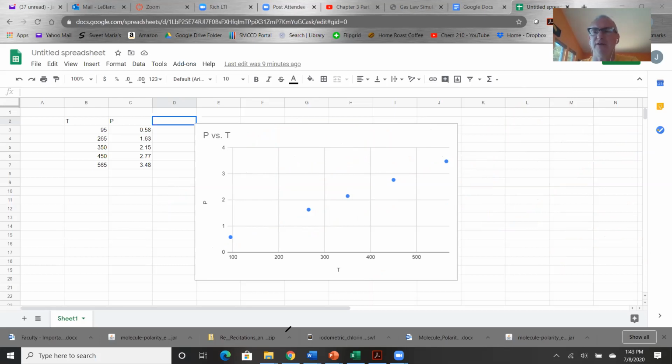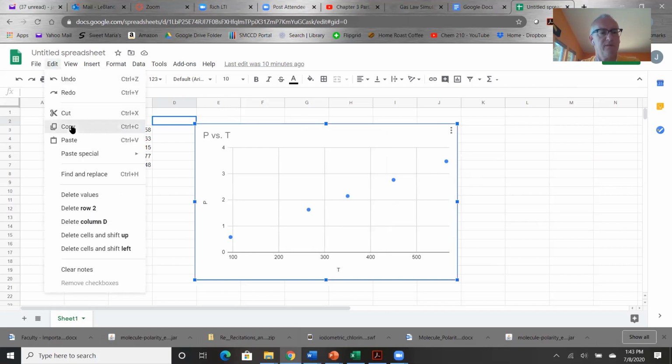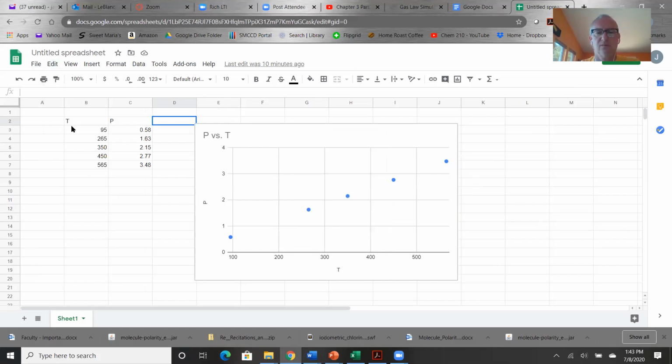If it keeps the fitted line and the slope, yeah, you can just copy and paste. Right? So hopefully, if I click on it and just say copy, hopefully it will paste it somewhere else.